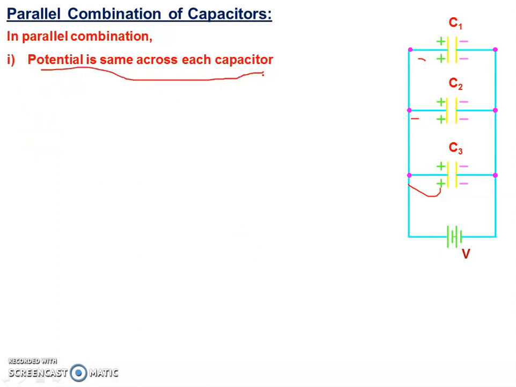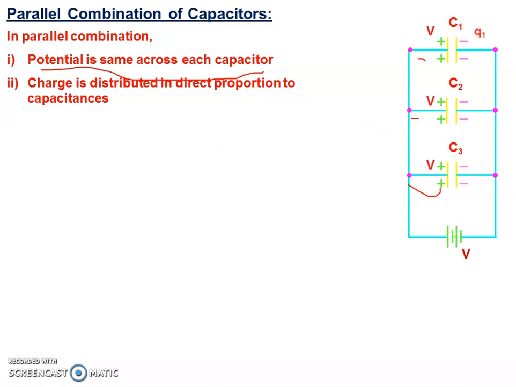This is the clue. Potential is the same across each capacitor and charge is distributed in direct proportion to capacitances. It means the capacitor having higher capacitance will get more charge, right. This is Q1, Q2, Q3, right.